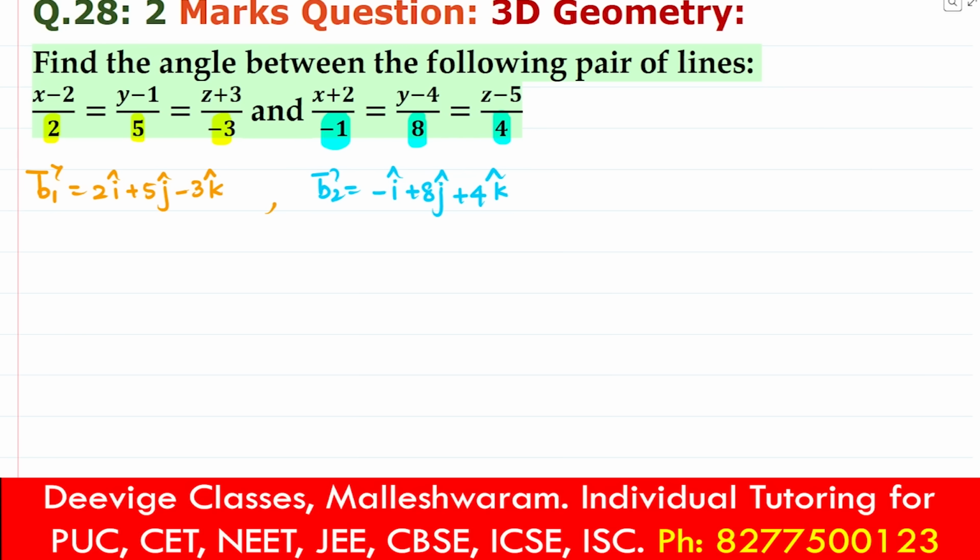And we know the formula: cos theta is equal to magnitude of b1 dot b2 divided by magnitude of b1 into magnitude of b2.